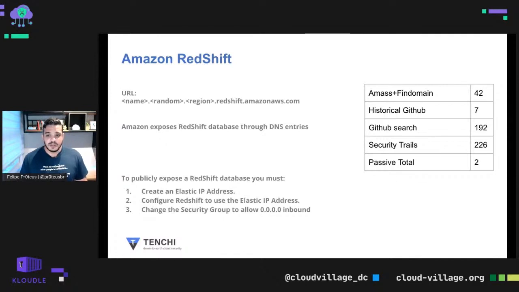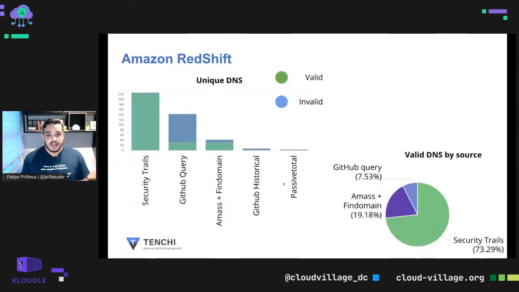For Redshift, Amass Find Domain was able to find only 42 results. Historical GitHub only 7, GitHub search around 192, and Proteus 226. PassiveTotal only 2. But checking whether they are valid or not on the unique DNS, most of the SecurityTrails results were valid.